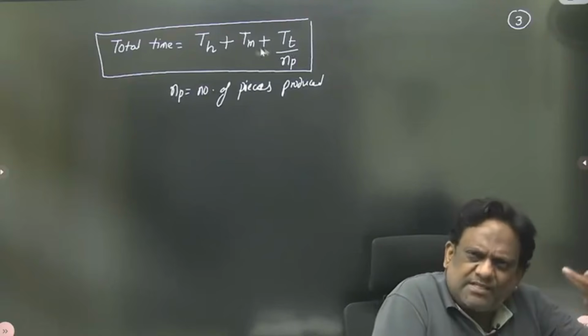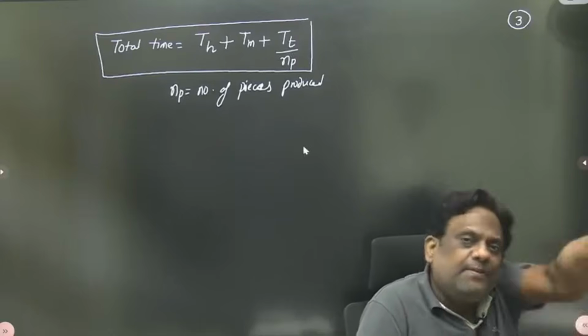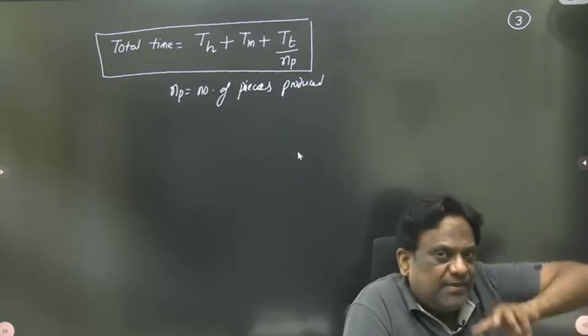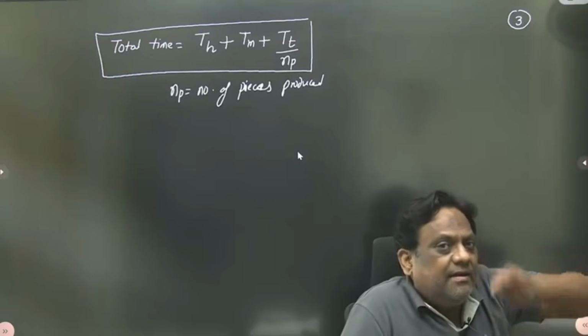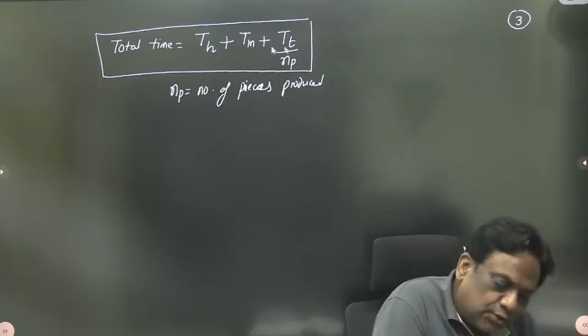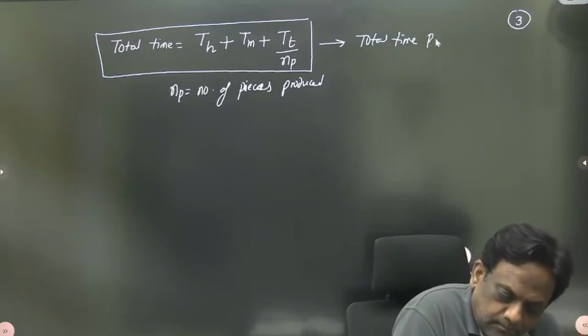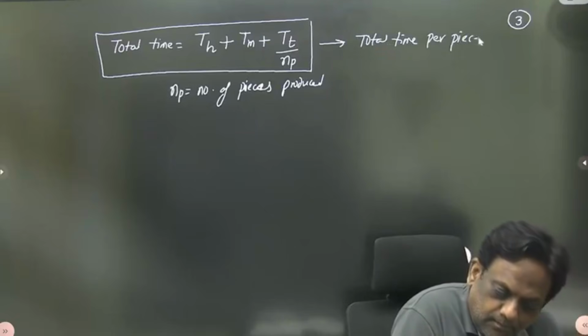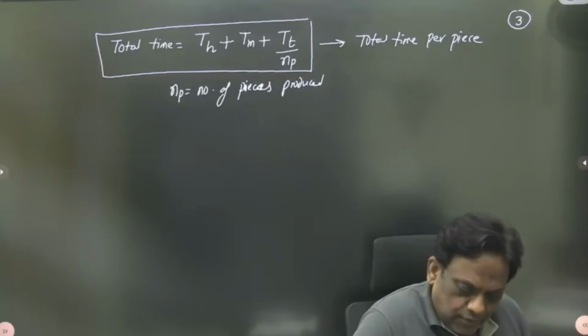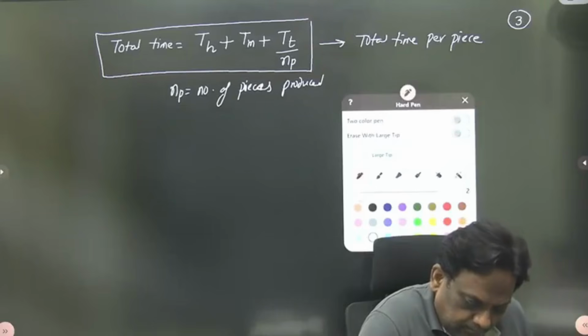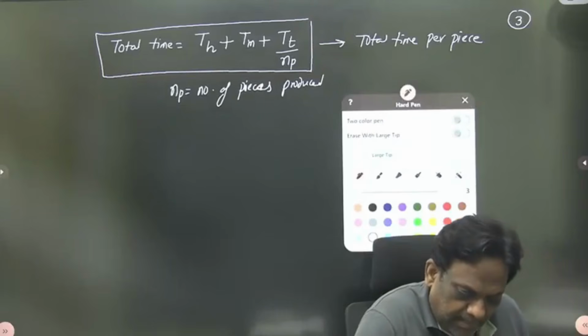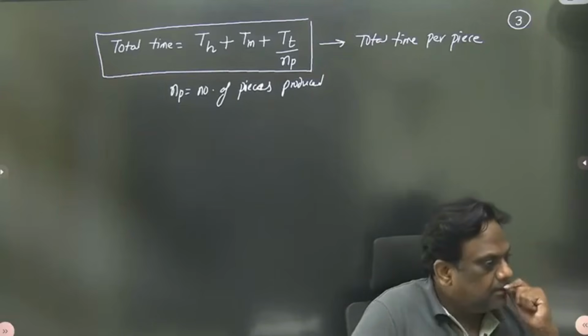If the time is expressed in minute, so many minutes per piece. एक पीस प्रोड्यूस करने के लिए कितना टाइम लग रहा है? This is showing it is per piece. Hope this is clear. प्यारे बच्चों, क्लियर है?